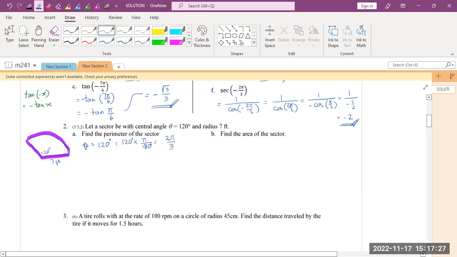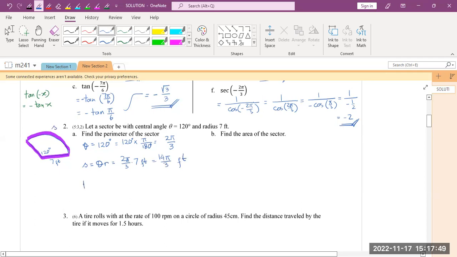That's the central angle in radian. Now the arc length equals the central angle in radian times the radius. So 2 pi over 3 times 7 feet is 14 pi over 3 feet. This is the arc length.